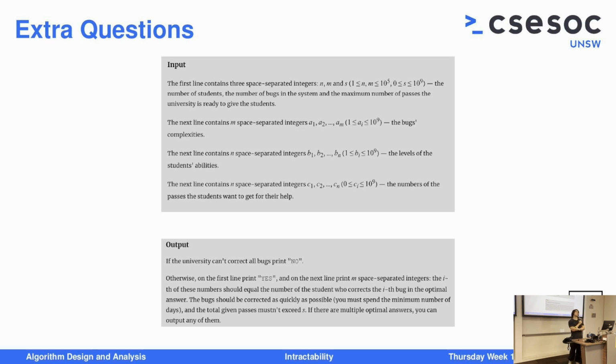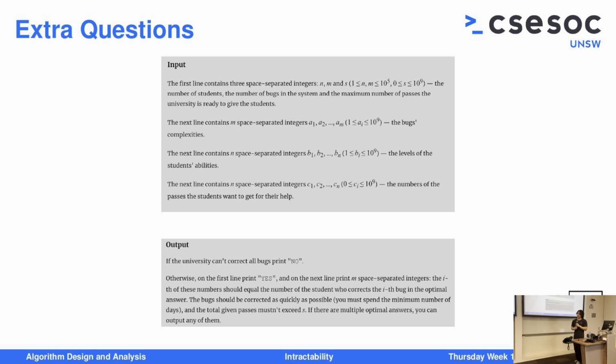The problem here is that I don't know the number of days. Theoretically, if I knew the optimal number of days, I could say this guy does the hardest bug each day for this many days. The problem is I don't know the number of days. Here's the important part of where binary search comes in.